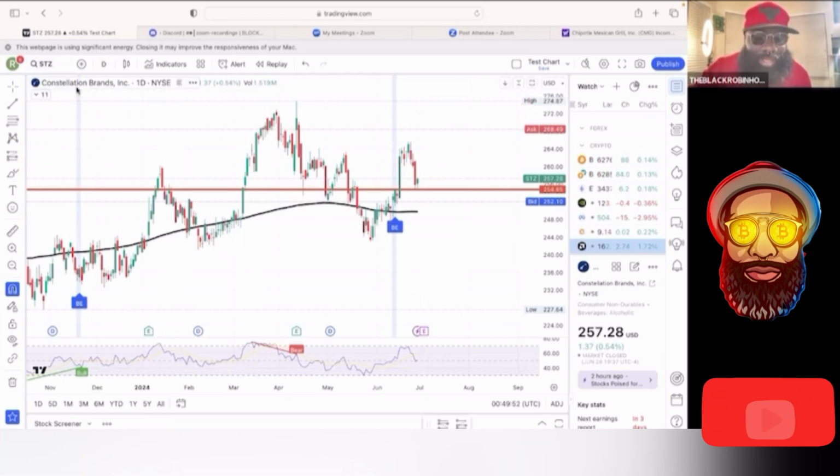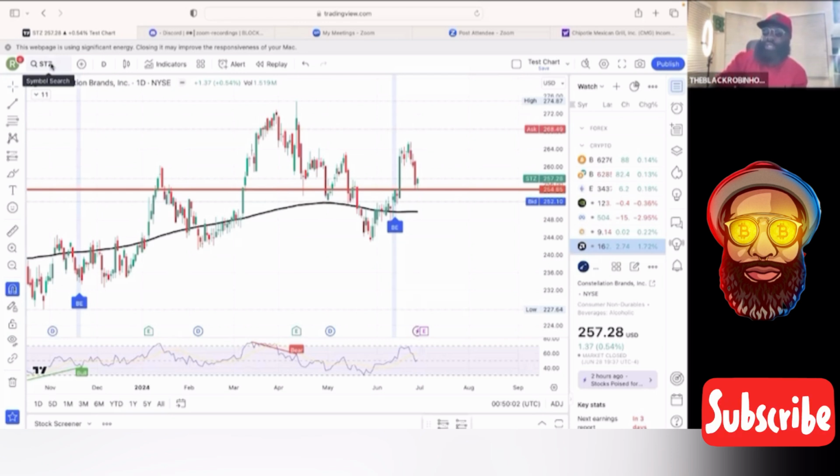So STZ, for example. We're looking at STZ, right? First and foremost, we're dealing with options. But before your options play could become profitable, you need to understand the charting, right?